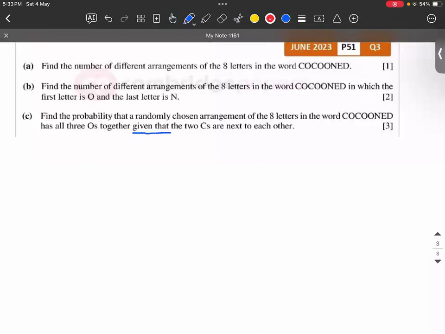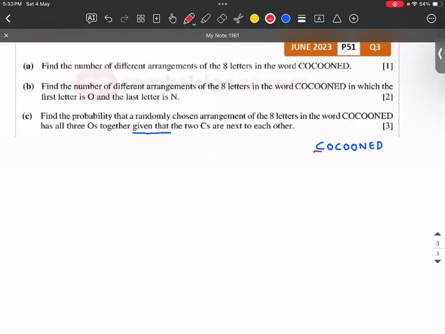So what is our aim? Our aim is to find the probability that a randomly chosen arrangement of the 8 letters. So altogether we have 8 letters with us. So these 8 letters are COCOONED, correct? So here how many C's are there?